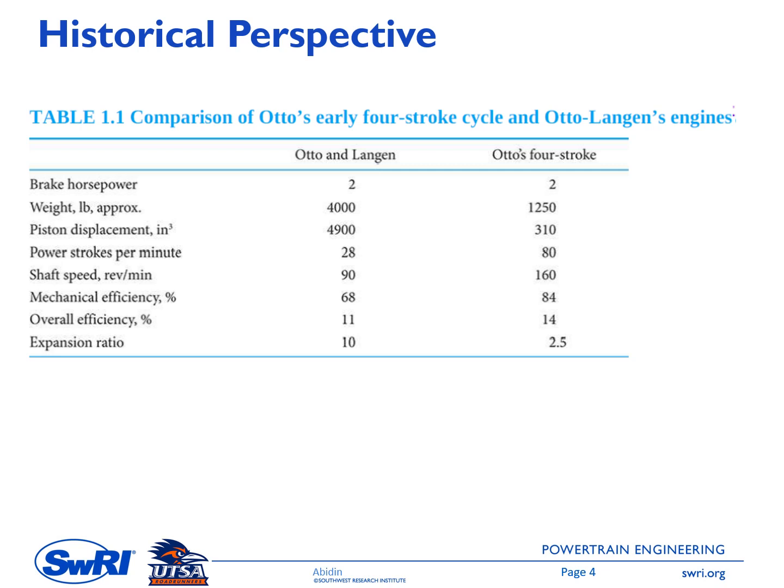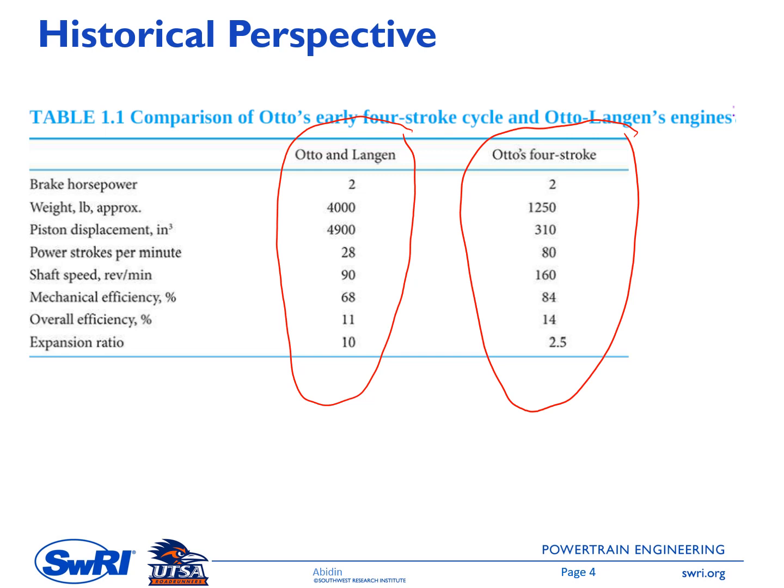The four-stroke engine developed by Otto improved significantly on the previous engine version developed by himself and M. Langen. This table is showing the comparison of the engines in terms of performance and size. The first column here is showing the performance or engine characteristics of the first version, and this is the characteristics and performance of the four-stroke engine.